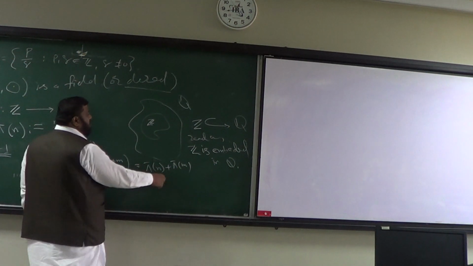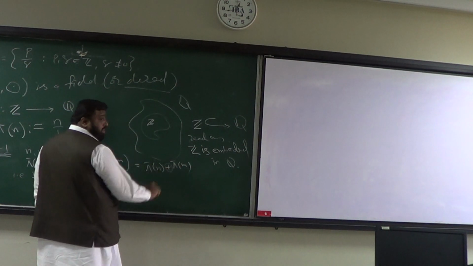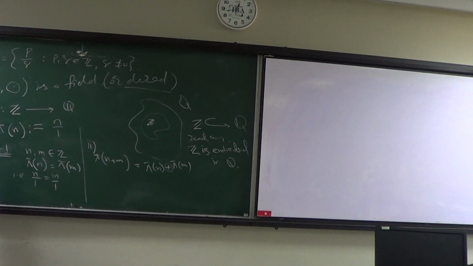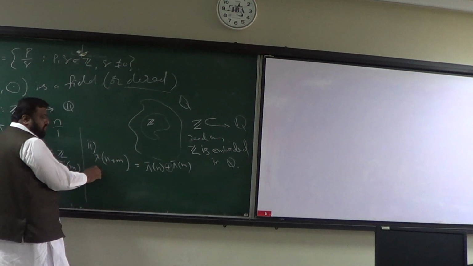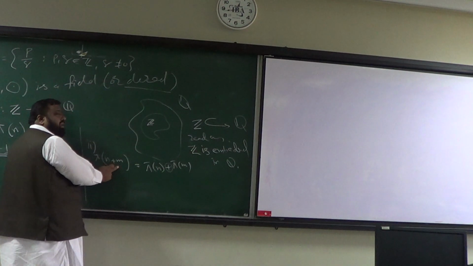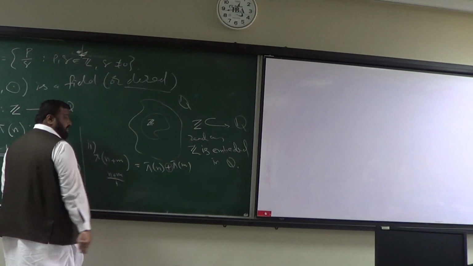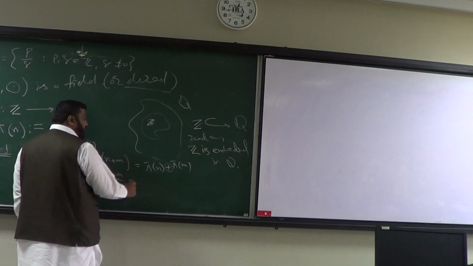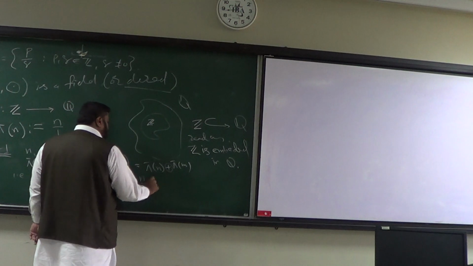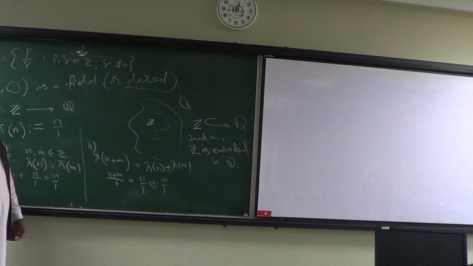Obviously you can't use the ordinary plus on the right, since these are classes, so you need to use the plus that we have defined. So what is pi of n plus m? It is n plus m over 1. You need to show that the class n plus m over 1 is equal to the class n over 1 plus m over 1. That's what you have to show mainly.